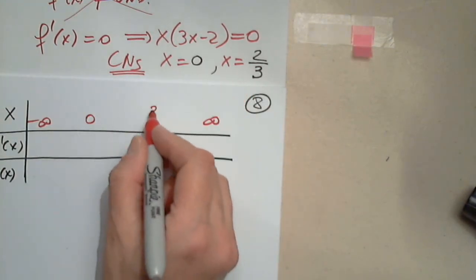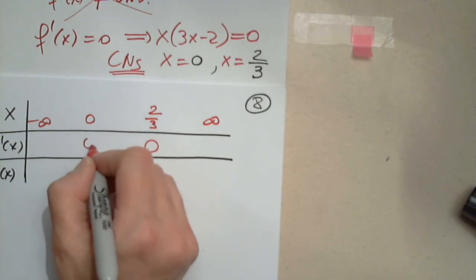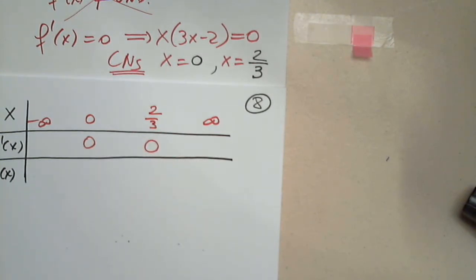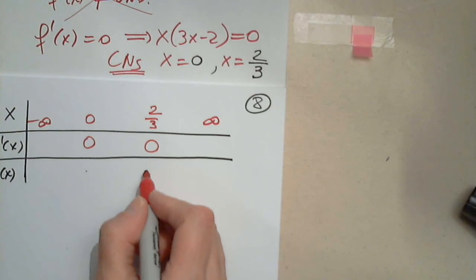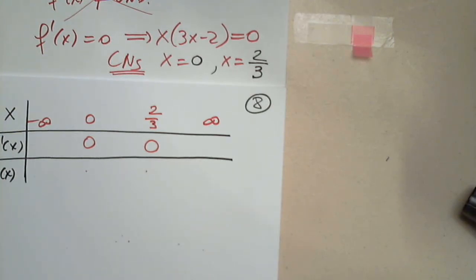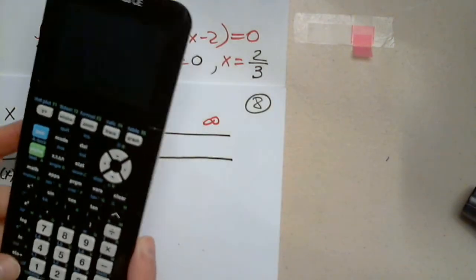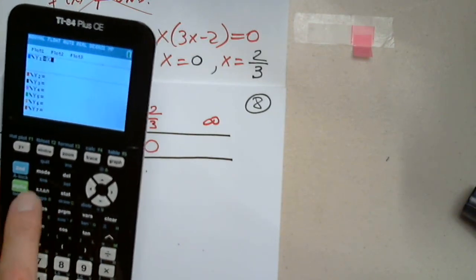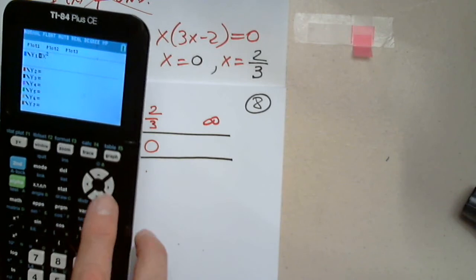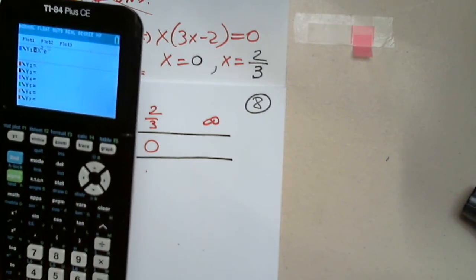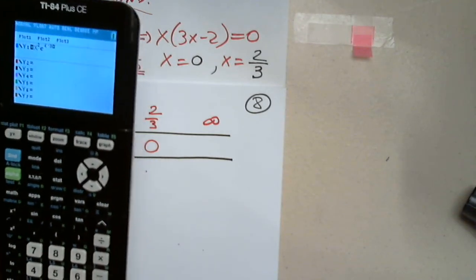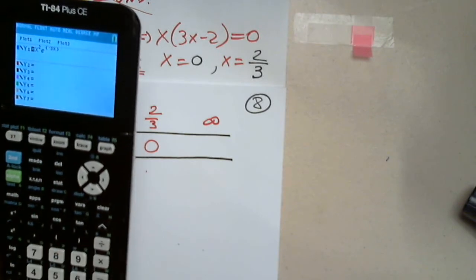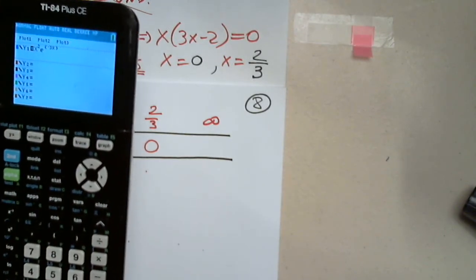So we have 0 and 2/3, and the derivative is 0 at those points. If I want to determine these, I have to put the function in the graphing calculator. So in y equals, clear, we have x squared, and then times e, and in parentheses, please, negative 3x, unless you have a sophisticated calculator and it works without parentheses.